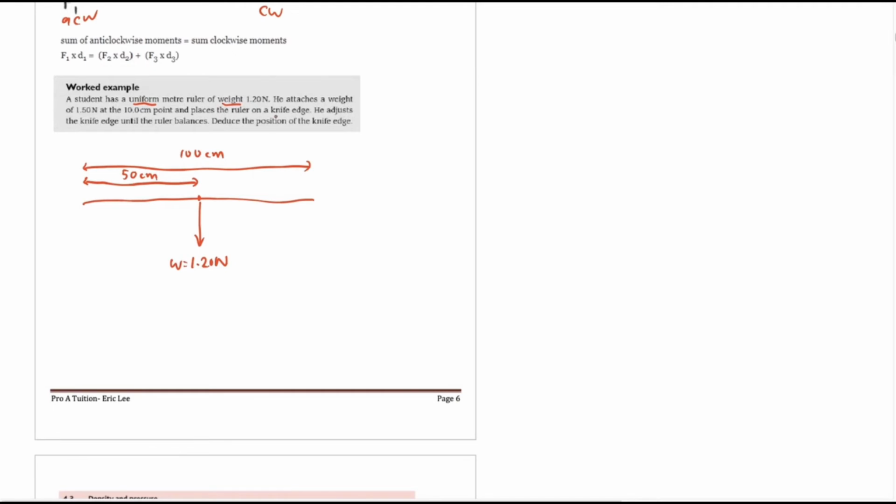He attaches a weight of 1.50 Newton at the 10.0 cm point. You know, a meter ruler is 0 to 100 cm. So 10.0 cm is somewhere here.